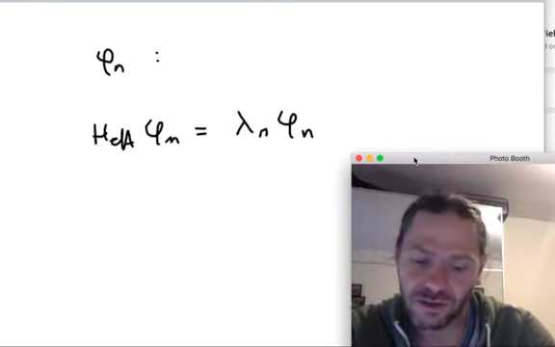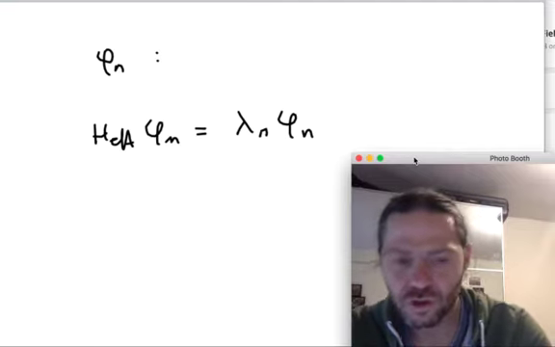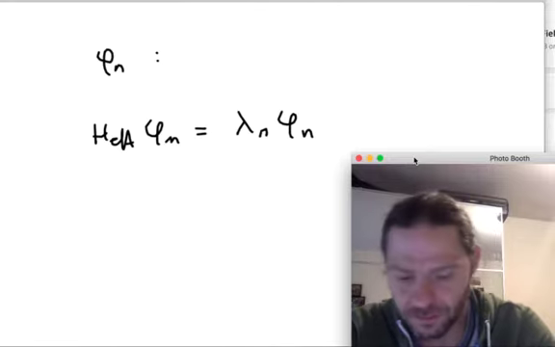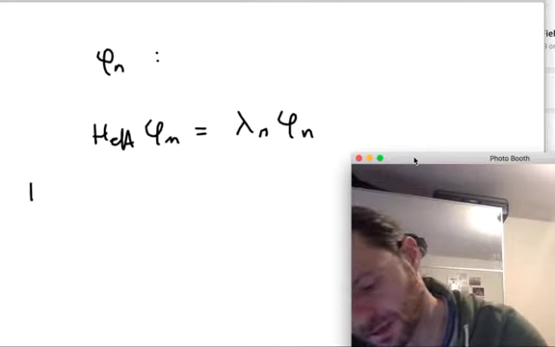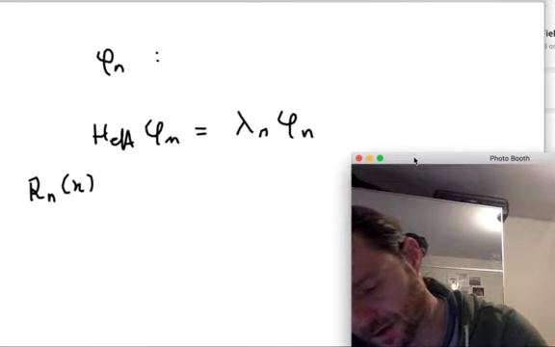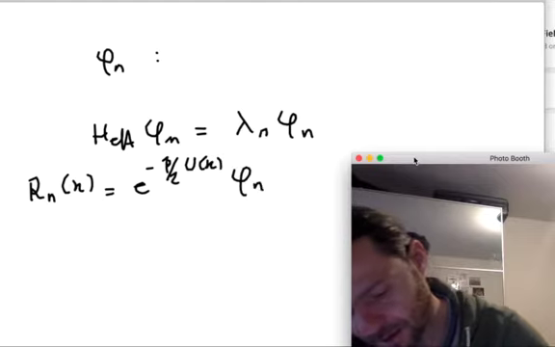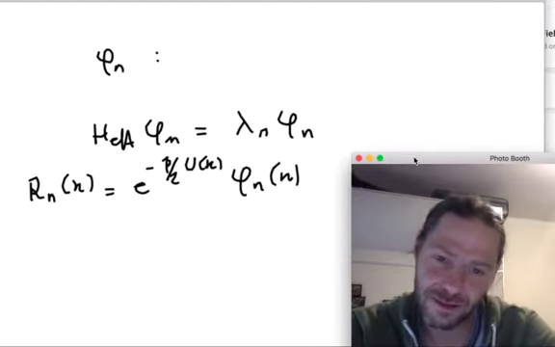Can I use this solution to build a right eigenstate of the Fokker-Planck equation? And what is the corresponding eigenvalue? Well, let me build the right eigenstate of x to be e to the negative beta half u of x phi n, for obvious reasons, right?